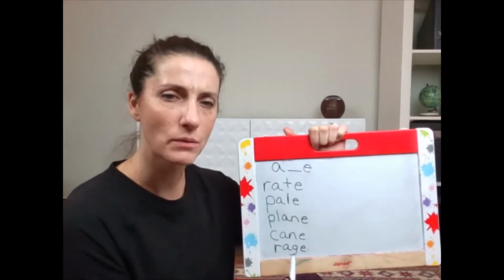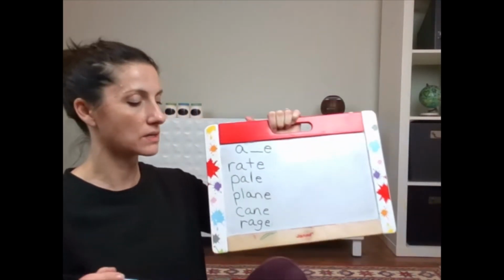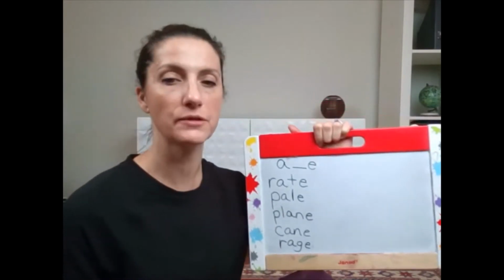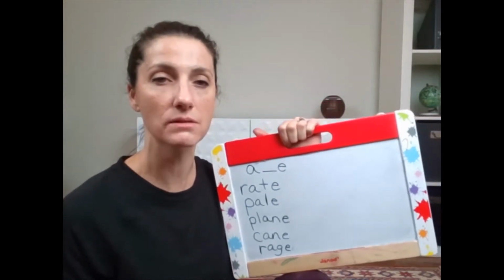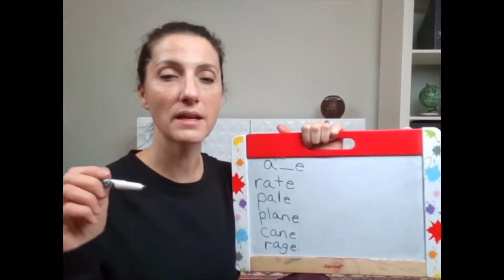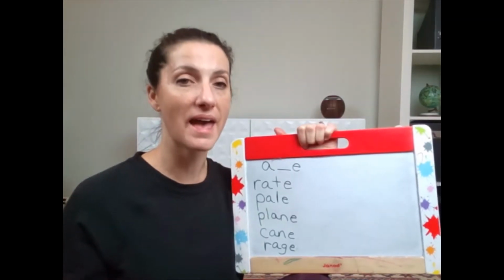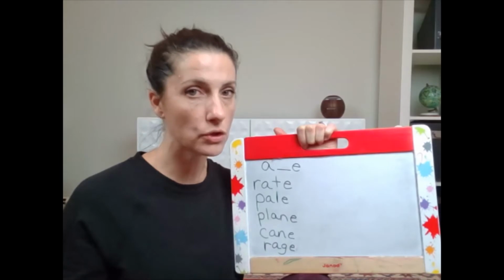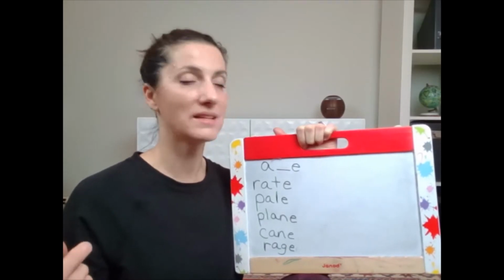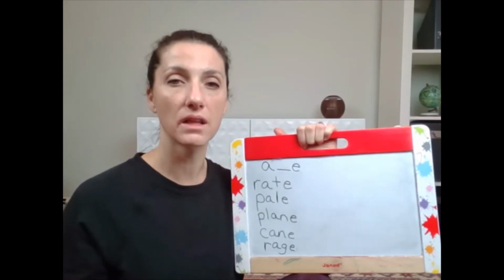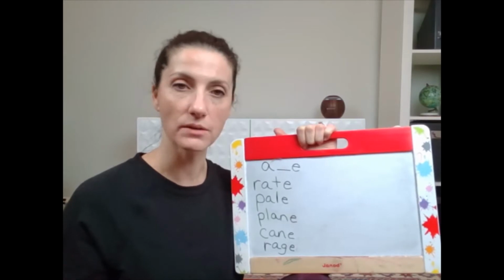Why does it do that? Well, we talked about it yesterday. We talked about hard and soft C's and G's, right? So when you have a G and it is followed by A, O, or U, then it sounds like G, the hard G sound.